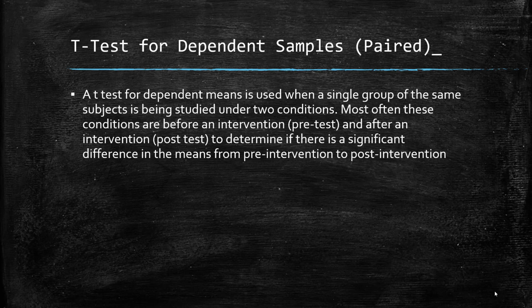The t-test for dependent samples, or what's called a paired samples t-test, is when a single group of the same subjects is being studied under two conditions.